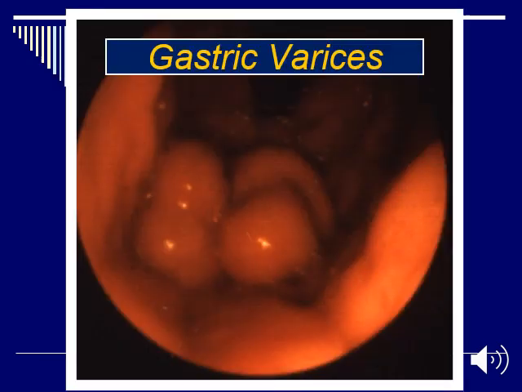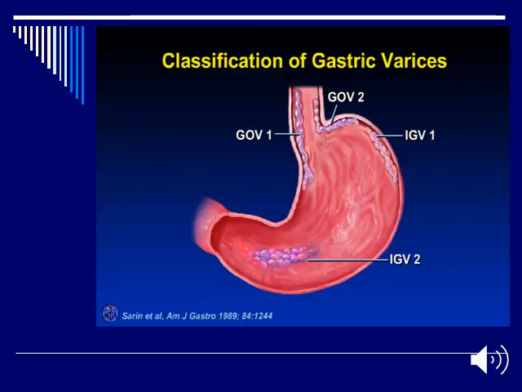What about the other varices, which is the gastric varices? Gastric varices, this is large varices, as you can see, this is the fundus of the stomach. And it could be classified according to Sarin. This is the most common, the Sarin classification, which is isolated gastric varices type 1 if it is in the fundus. If it is in the antrum, it will be called isolated gastric varices 2, IGV2.